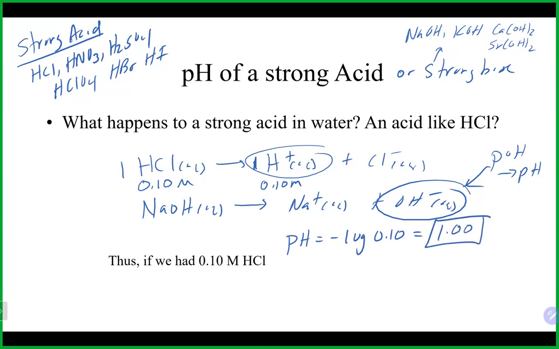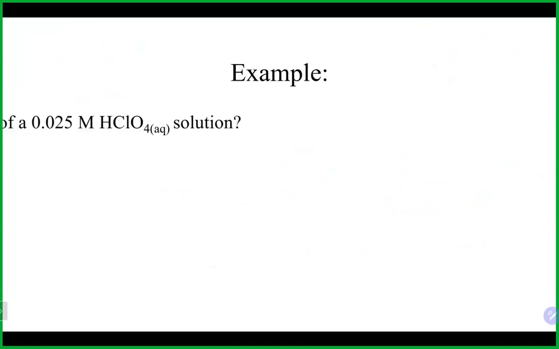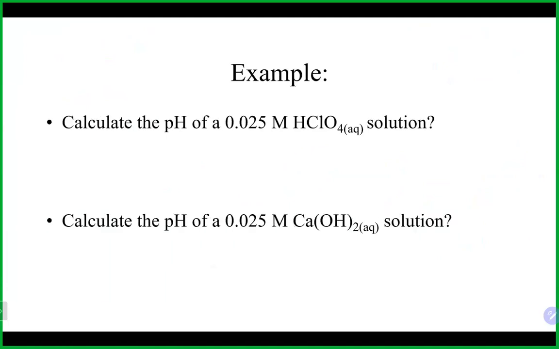So if you have a strong acid, you need to figure out what the H plus concentration is, and then you can go into the pH. The good news is in most cases it's going to be the same number. If you have a base, you need to figure out the concentration of the OH minus, so you can go into the pOH and then subtract from 14 to get to the pH. If it is a weak acid or weak base, wait until you get to Chem 1B, and then you'll know how to do it, because we definitely don't do that in here.